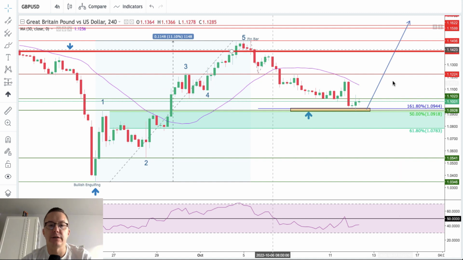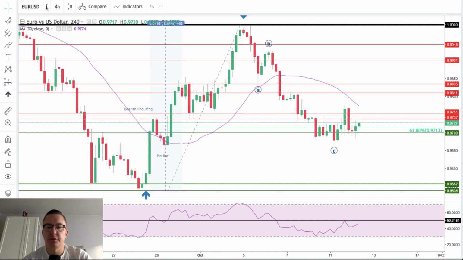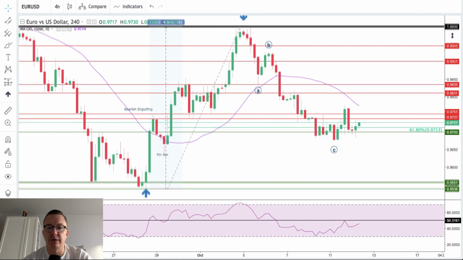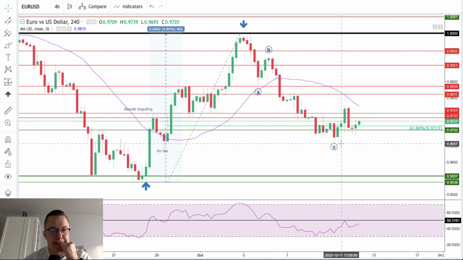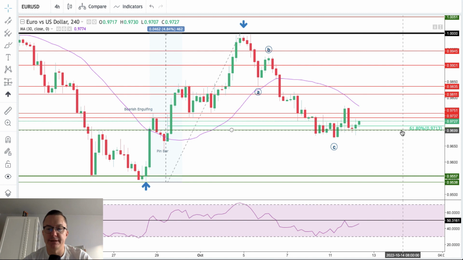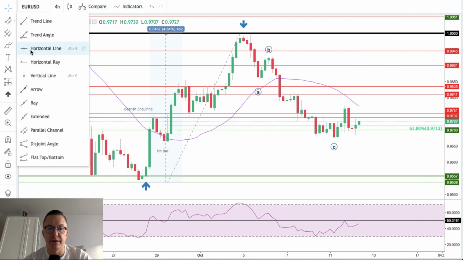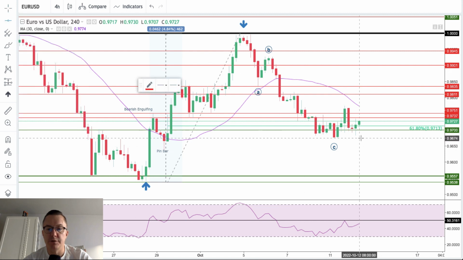Let's now find out what's going on with the euro. The euro dollar 4-hour chart doesn't actually move much recently. We possibly made an ABC correction to the downside into, of course, the 61% Fibonacci retracement. However, this retracement had been violated and the new low was made around here.